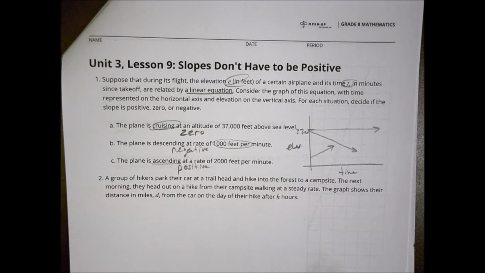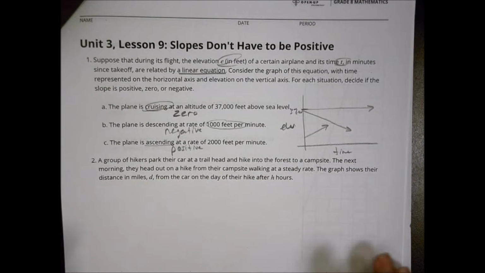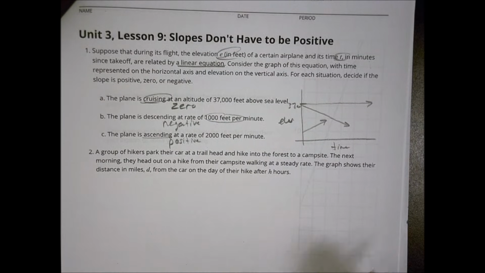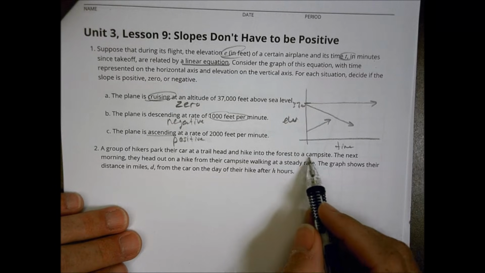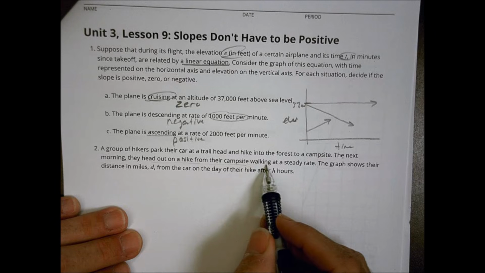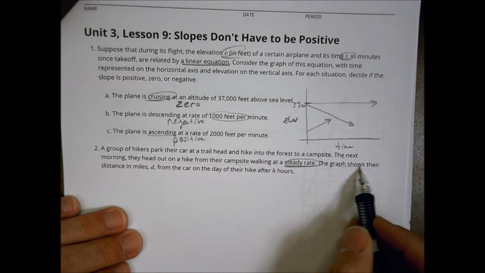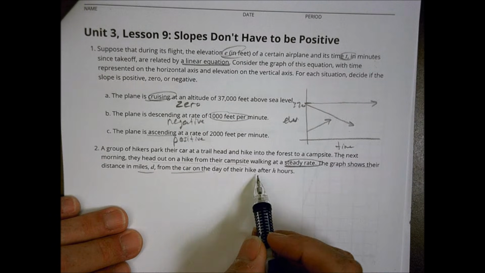Okay. Number 2. Here's the question on this page, but the graph is on the next page. A group of hikers park their car at a trailhead and hike into the forest to a campsite. The next morning, they head out for a hike from their campsite, walking at a steady rate. The graph shows their distance in miles from the car on the day of their hike after H hours.